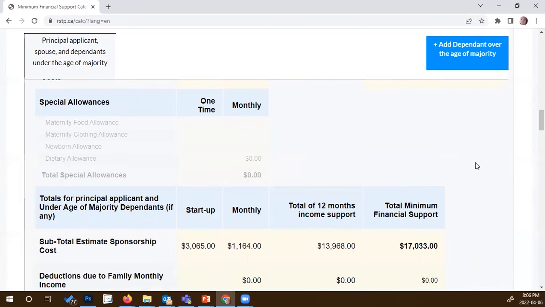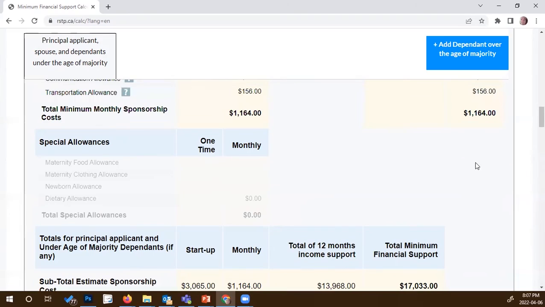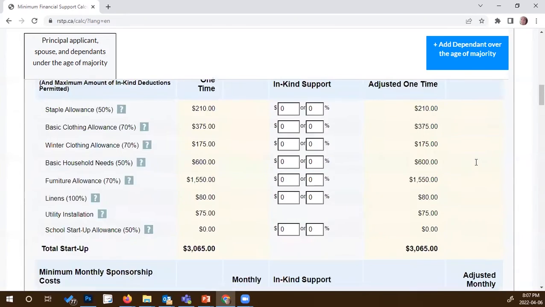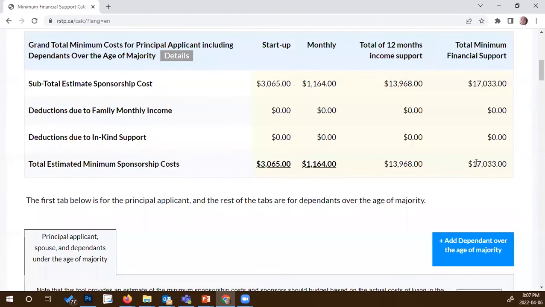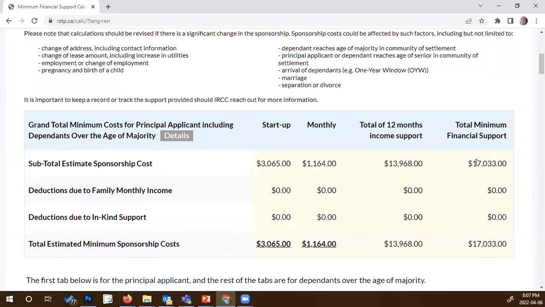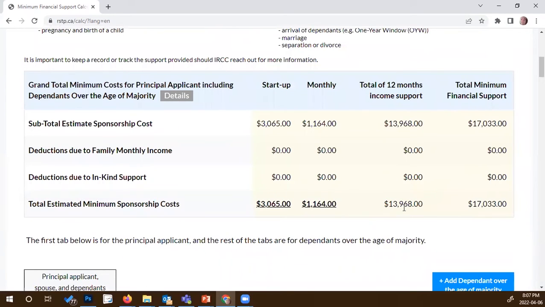Okay, so when this page opens, we need to do a little bit of scrolling to go to the top of the page. And this is where our summary is. So right now I can see in summary that there is a total estimated minimum sponsorship cost for startup in the startup column here, $3,065 for this single individual.